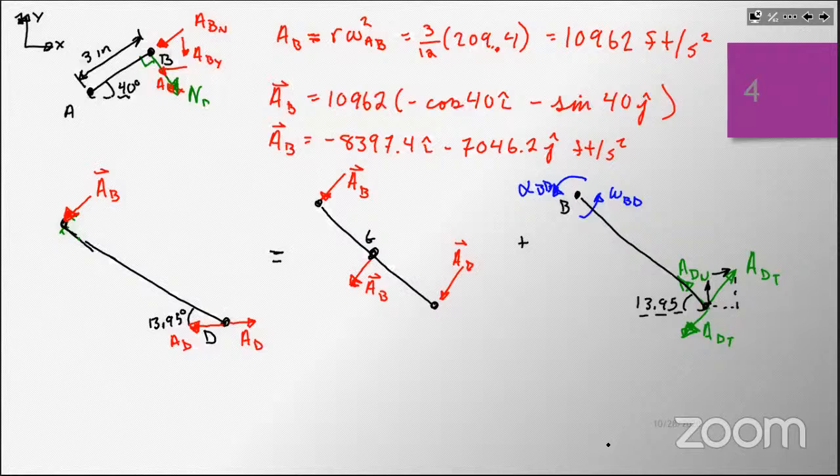Well, if this is 13.95 in here, isn't it also the same angle in here? That's also 13.95.